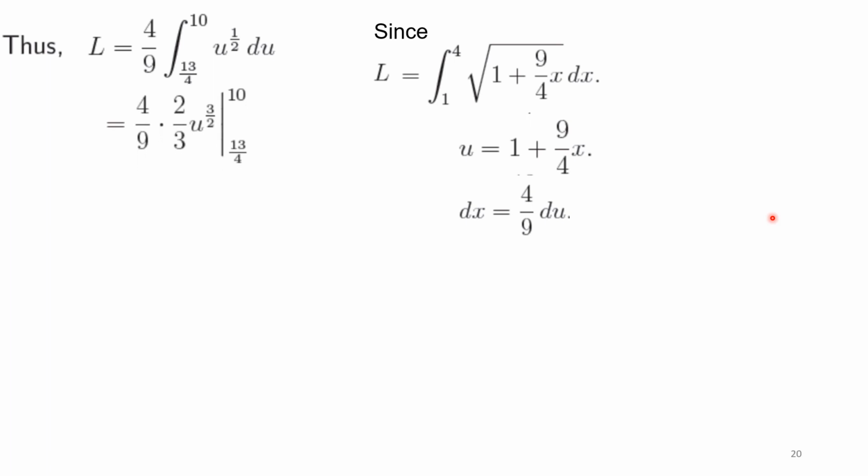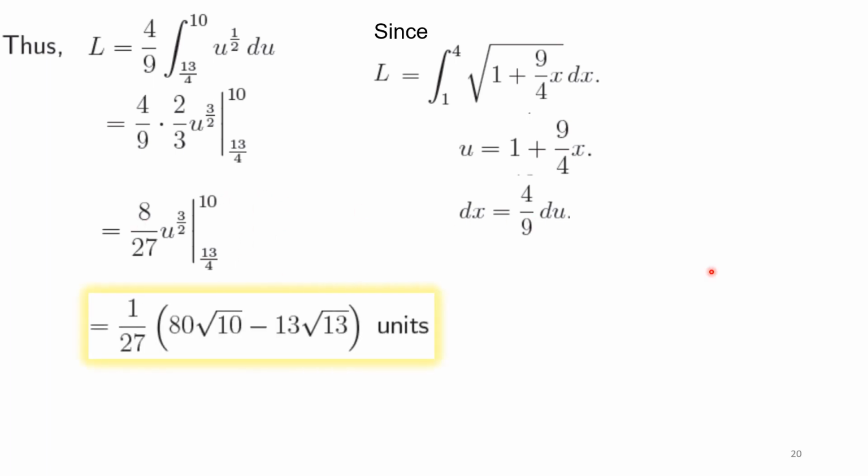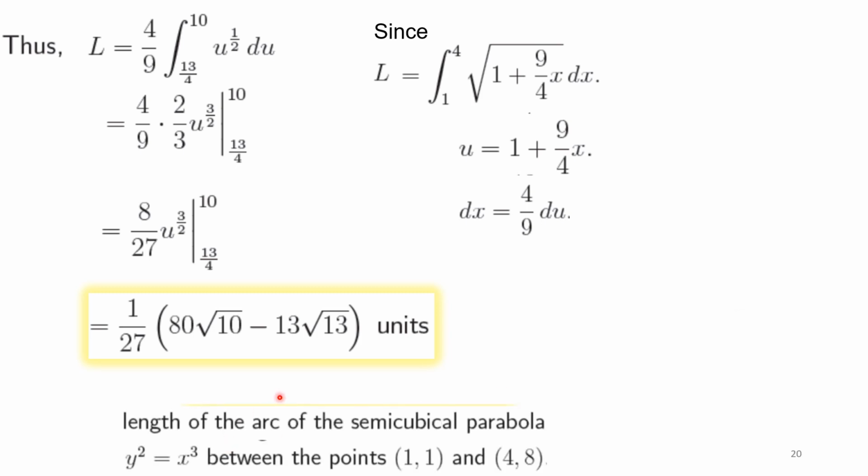This gives u raised to the 3 over 2, over 3 over 2, which becomes 2/3. So we have 4 over 9 times 2/3, evaluated from 13 over 4 to 10. That is equal to 8 over 27 times the bracketed quantity. So, you have this answer.